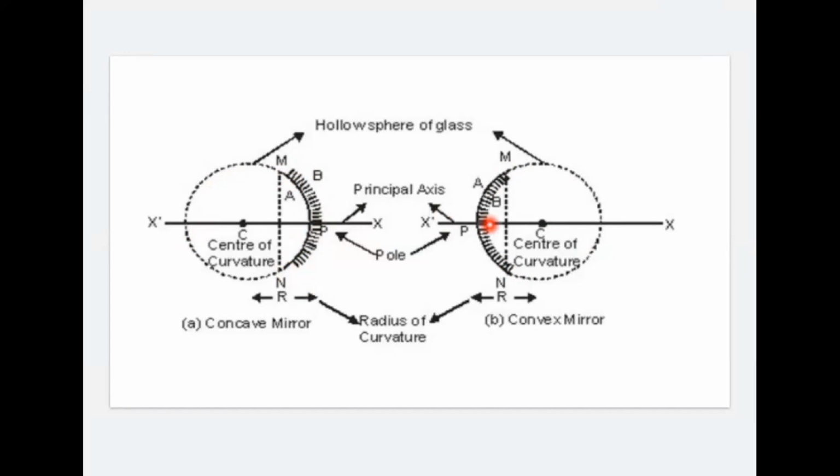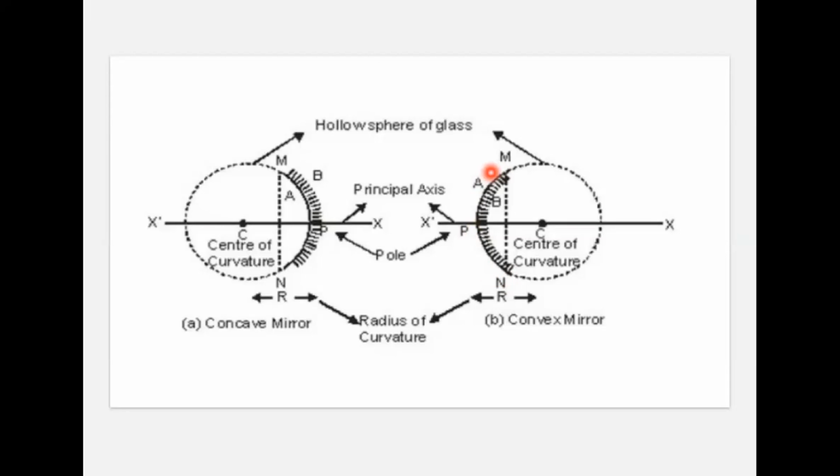Similarly, in the second sphere, what we do over here is we actually paint this surface with silver, and this surface would be the shinier part. So this mirror would be called a convex mirror.